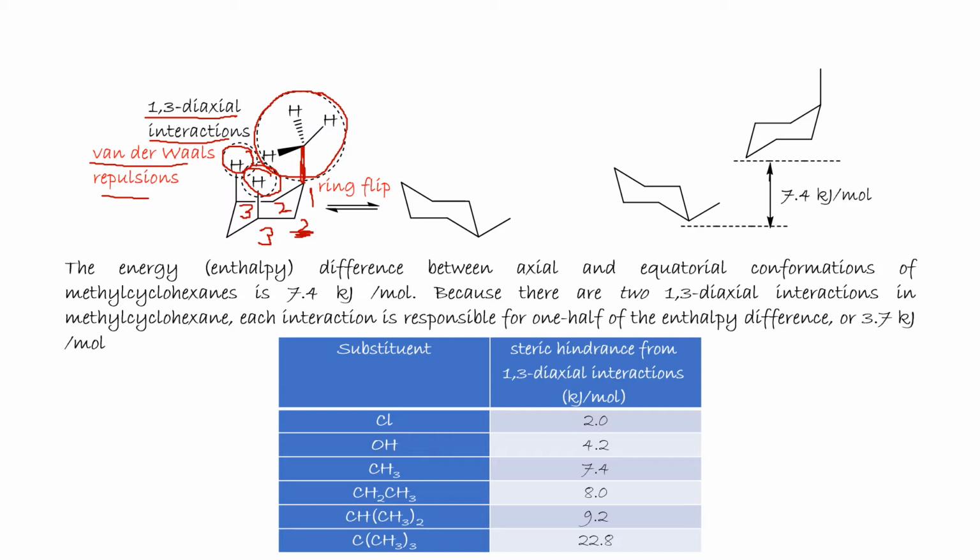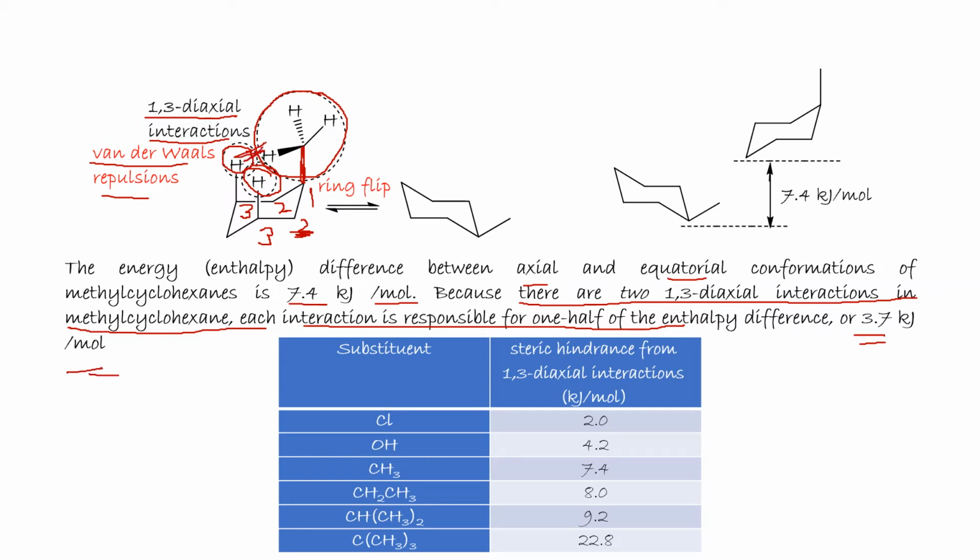The energy or enthalpy between axial and equatorial conformation is 7.4 kilojoule per mole. Because there are two 1,3 diaxial interactions in the methylcyclohexane, each interaction represents 1/2 of this, which is 3.7 kilojoule per mole.